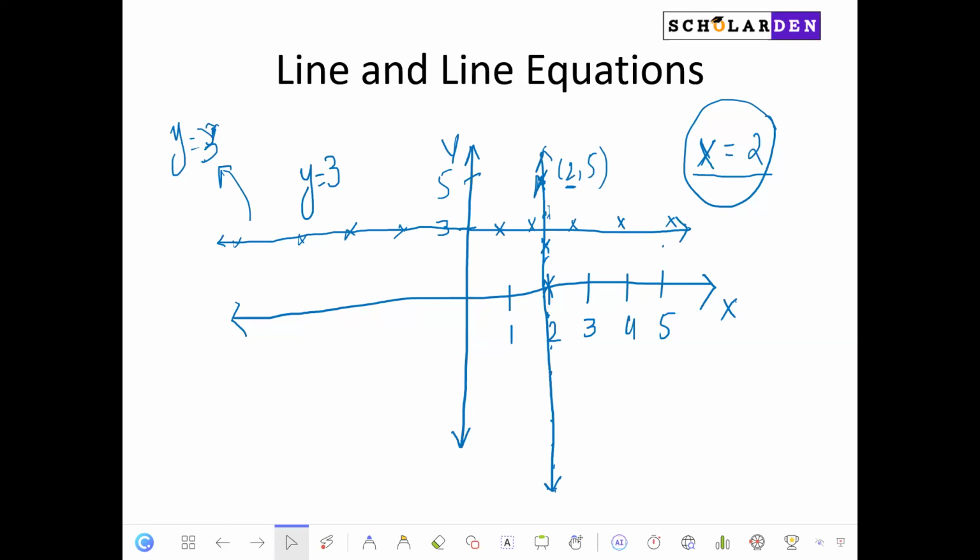So the x coordinates might change, but the y coordinates are going to remain the same. Okay, so this is again a line for y is equal to 3. So we understand how things changed from a number line to the Cartesian plane. On a number line, this was a point. When we entered the Cartesian plane, this particular value became a line.